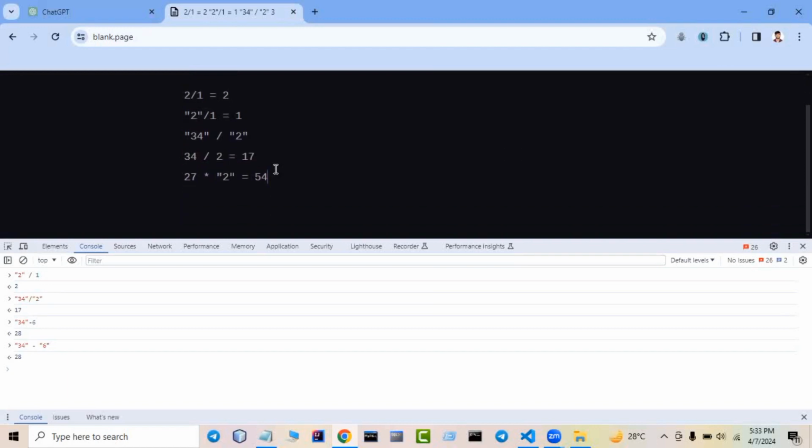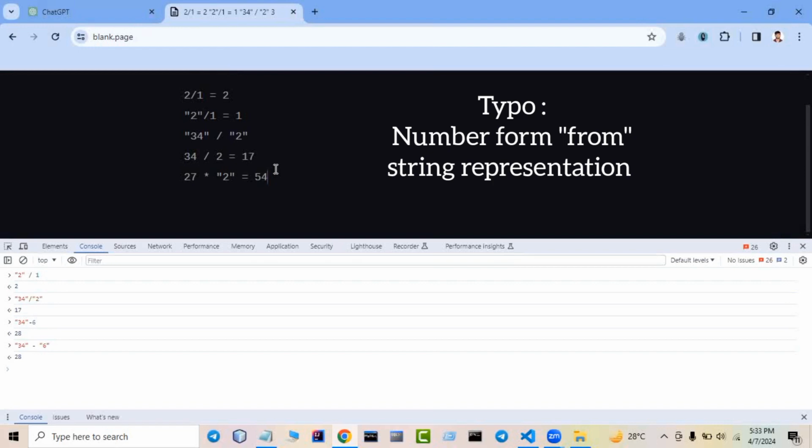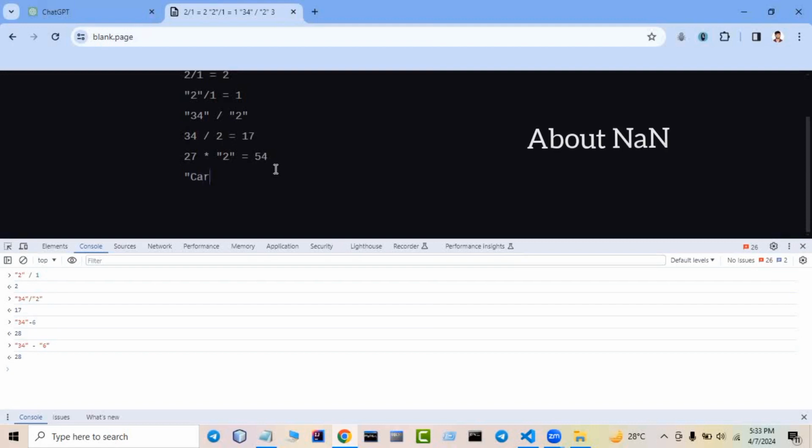So this is the behavior when we have used the number form with a string representation. But what if we did this: car multiplied by 2? Now what will JavaScript do? JavaScript will stick to its core concepts only. It sees that we have used the multiply operator, so it will try to convert all the operands into numbers.